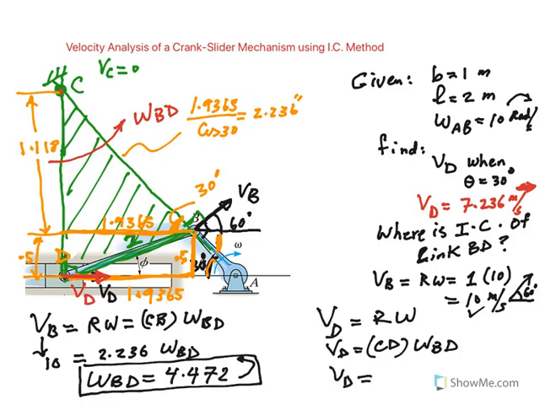What is CD? 1.118 plus 0.5 is 1.618, times the 4.472, and we get exactly what we're supposed to get, 7.236, which is exactly the same number we got when we did this problem by absolute motion.